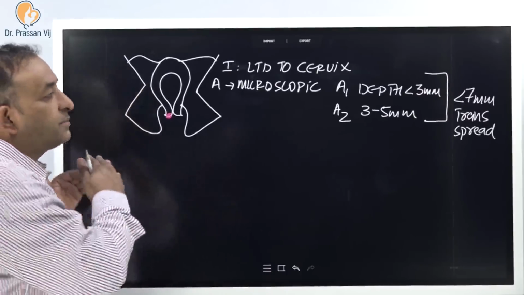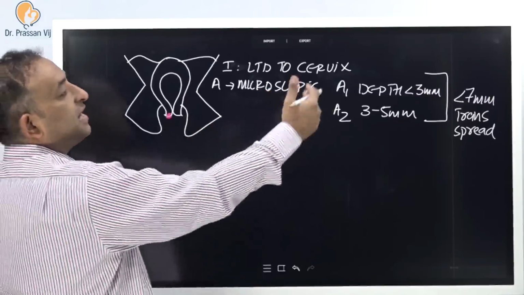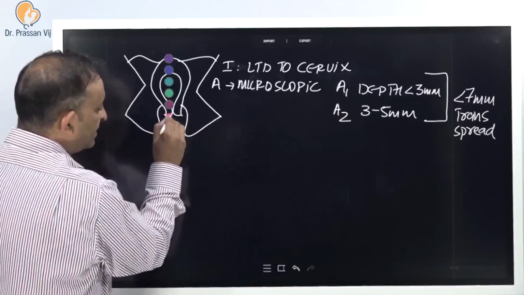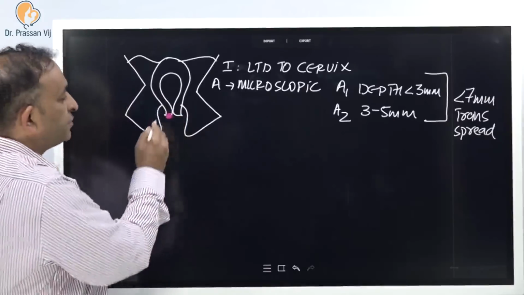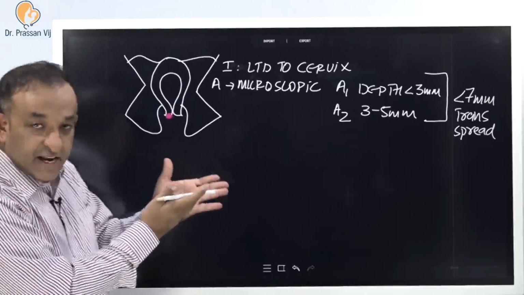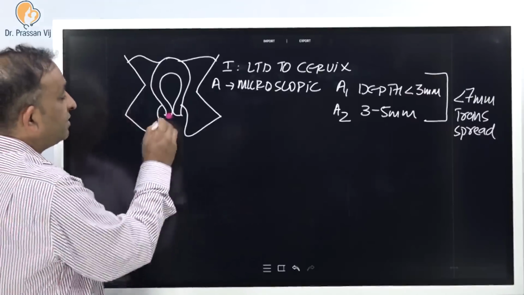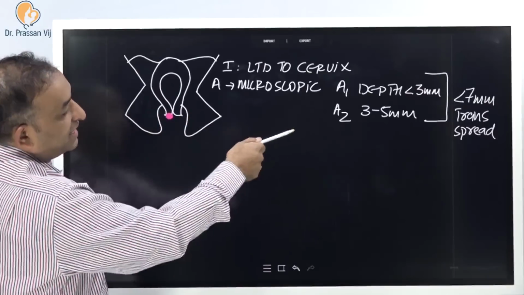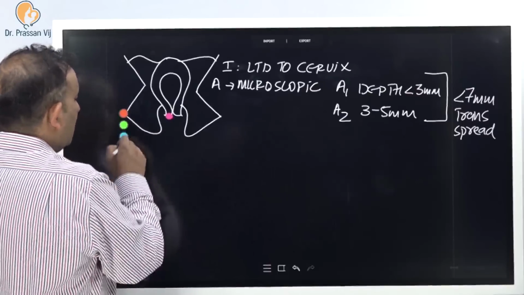But if there is a growth which is spreading more than 7 millimeters and it is deeper than 5 millimeters, let us say 8 by 6 millimeters, it becomes a growth which is somewhat as big as this, like this. So, if the growth becomes so big, then you can see it with your naked eyes. A growth which is 8 by 6 millimeters is almost a centimeter size growth, isn't it? So, you can see with your naked eyes. If a growth is becoming bigger than 7 millimeters and deeper than 6 millimeters, it is clinically obvious. So, now we call it an obvious growth.